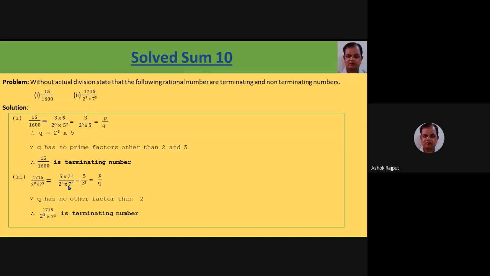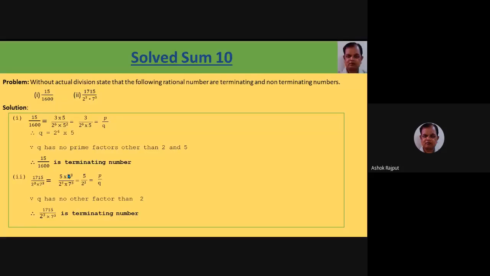We are seeing in the numerator and denominator 7 raised to the power 3, 7 raised to the power 3. So it is cancelled. Here will be only 5 by 2 raised to the power 3, which is in the p by q form. Here we are seeing at last q has no other factor than 2. So it is also terminating. But in the question, as we are seeing, it is confusing because 7 is written here, so it may not be terminating.